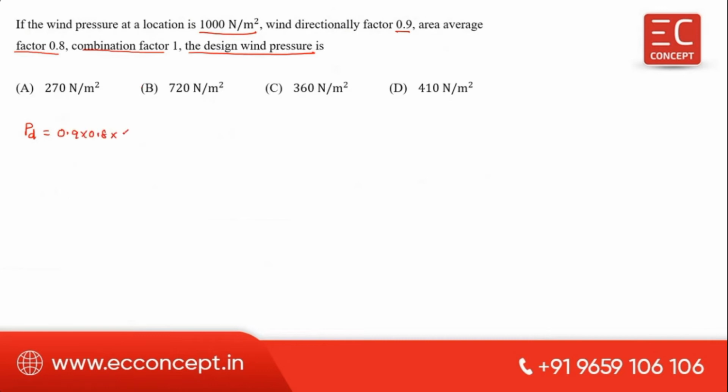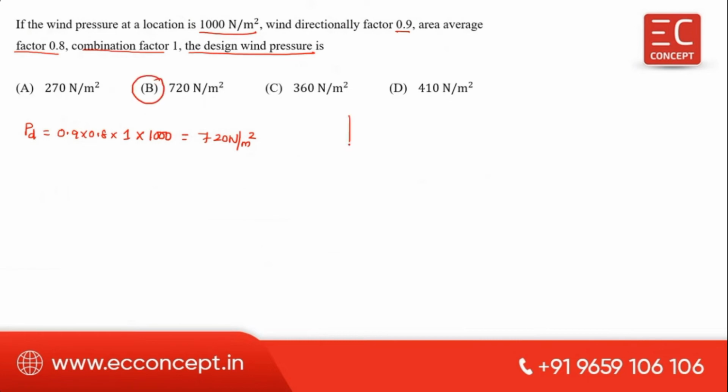If they ask the question for a design wind pressure and give any of the coefficients, you simply multiply all these coefficients. You don't add, you don't divide. Simply take all coefficients with the basic wind pressure 1000. If we simplify, this is equal to 0.72, that is 720 Newton per meter square. So the answer for this question is 720.